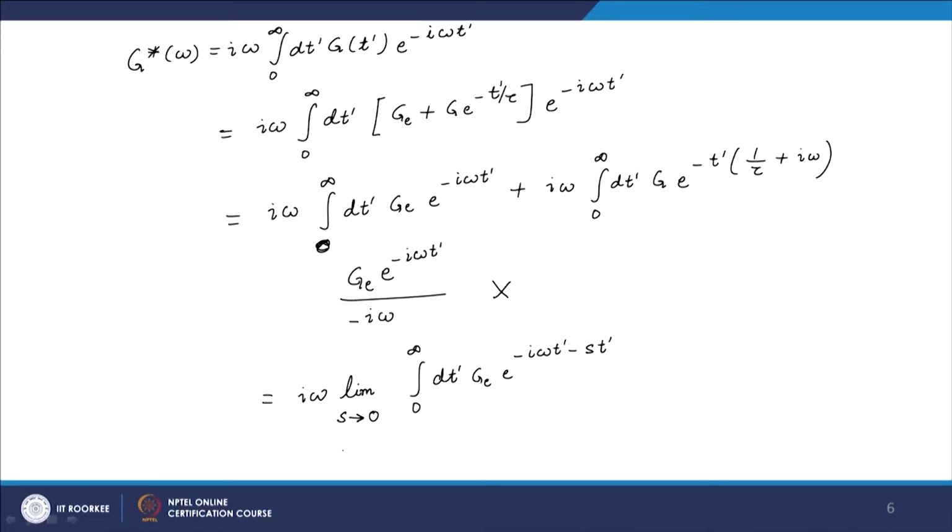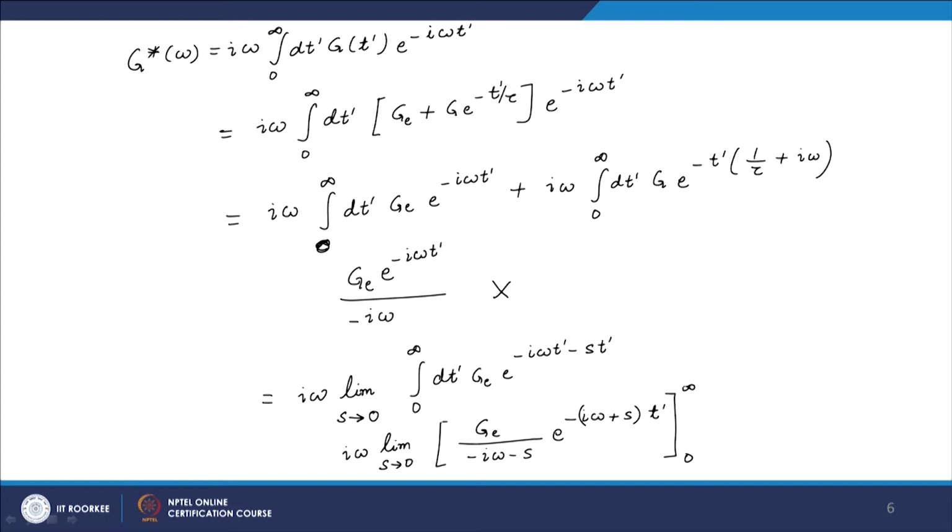So, what we now get on integration is I omega limit s going to 0 Ge divided by minus I omega minus s exponential of minus I omega minus s or plus s t prime with the limits 0 to infinity.